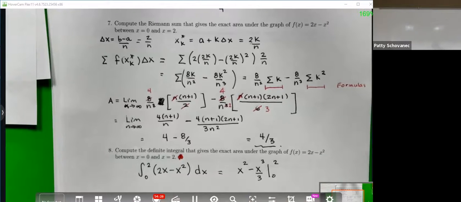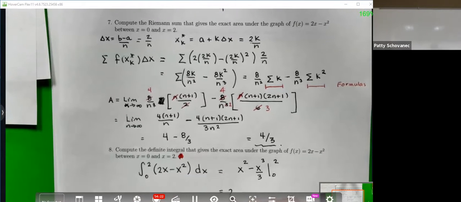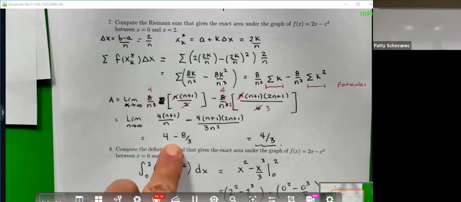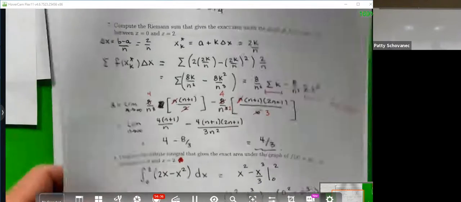We put the 2 in first and then the 0. There's my 4 minus 8/3 again. And so we get 4/3 as we did before.